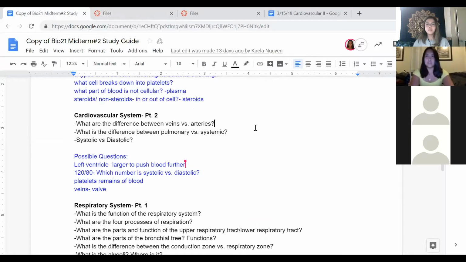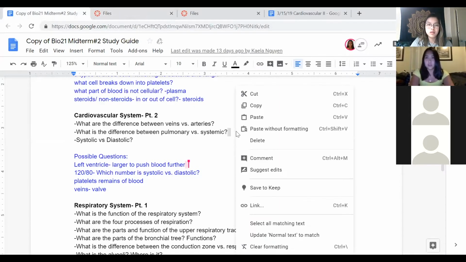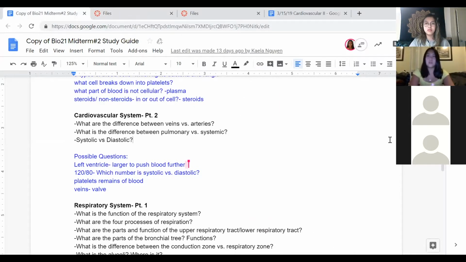The next question is, what is the difference between pulmonary versus systemic? If you remember, there are two systems your heart uses to carry blood throughout your body.